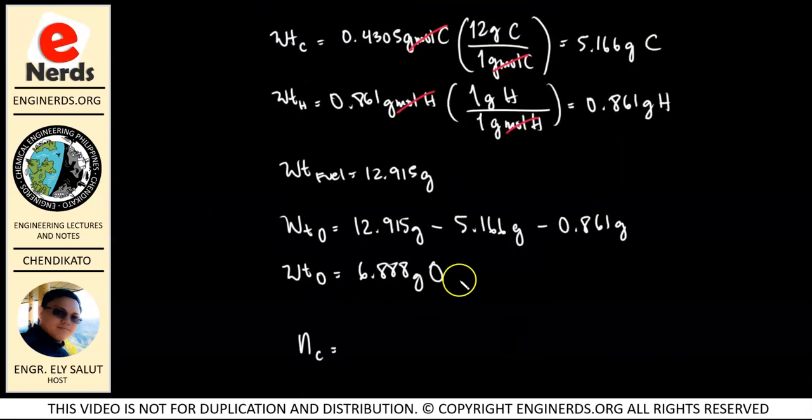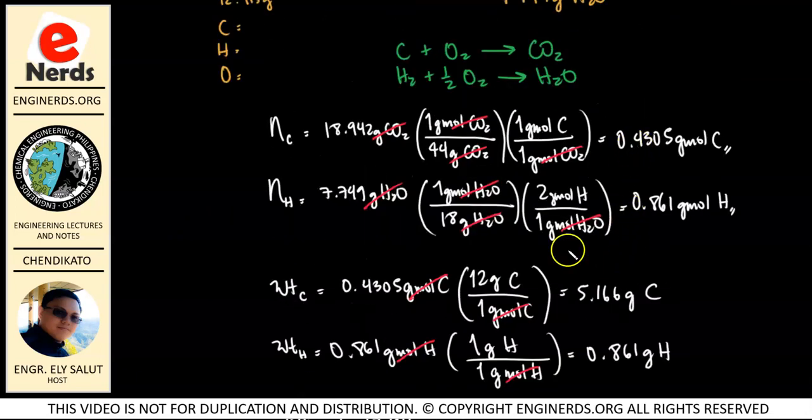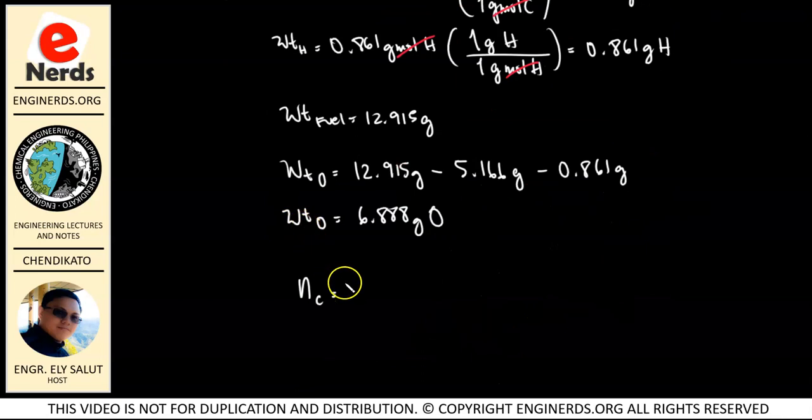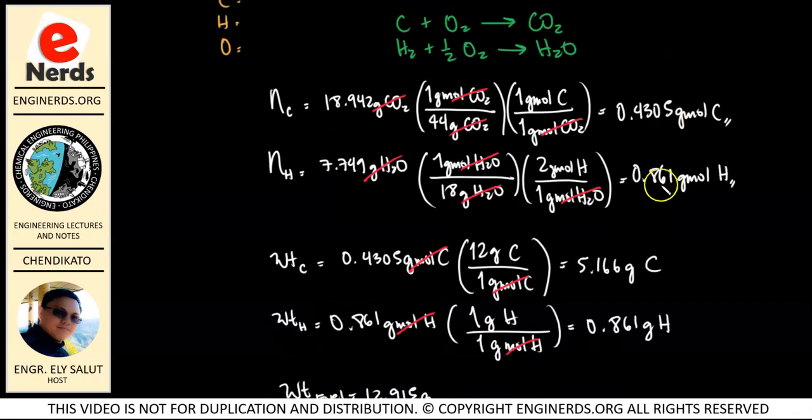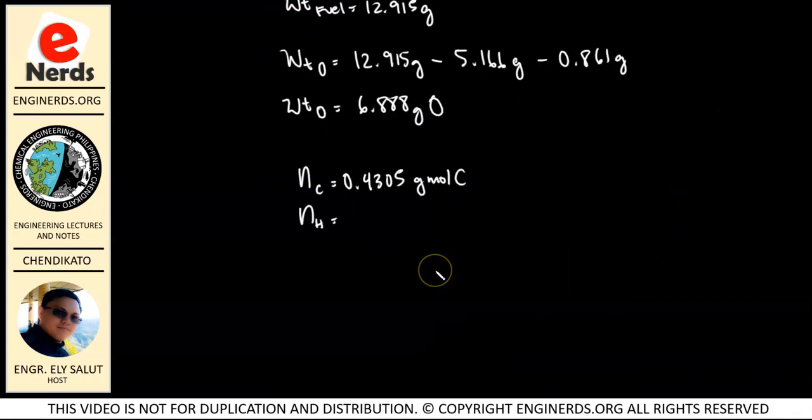Yung number of moles ng carbon is 0.4305 gram mole of carbon. So, number of mole ng hydrogen is 0.861 gram mole of hydrogen. So, ang kailangan nating makuha is yung number of mole ng oxygen. Pero hindi pa natin alam.